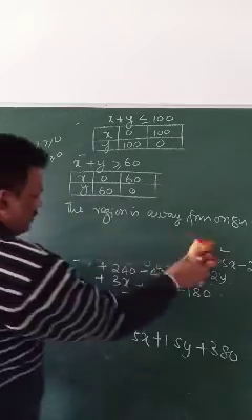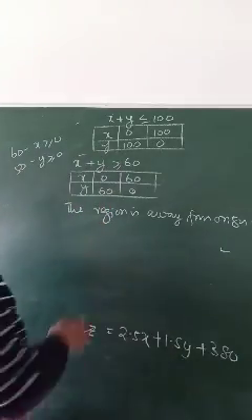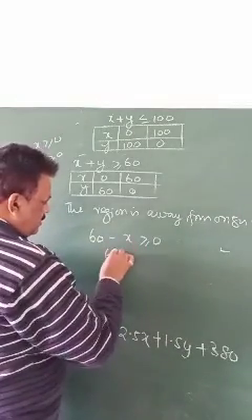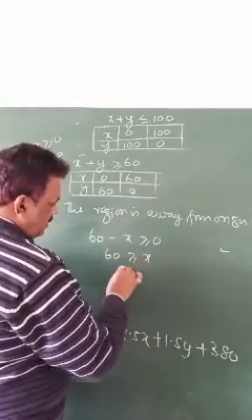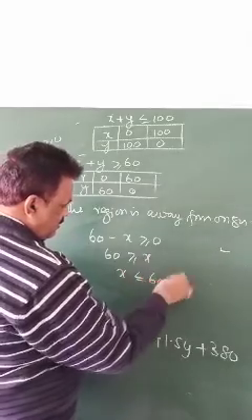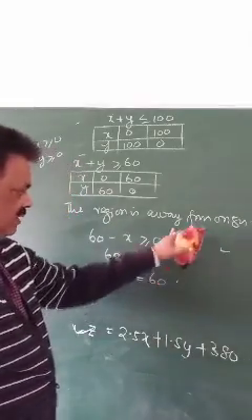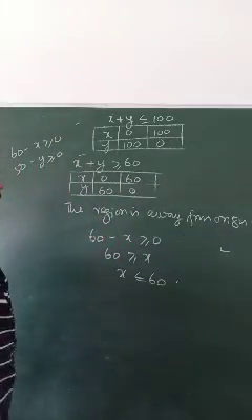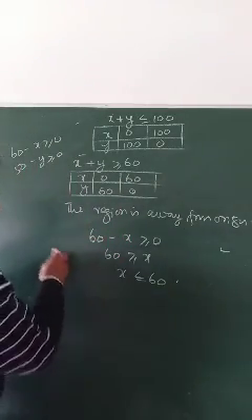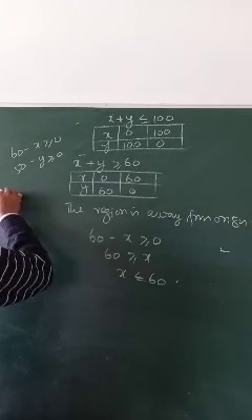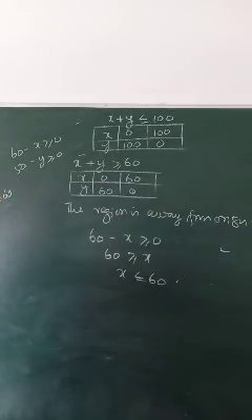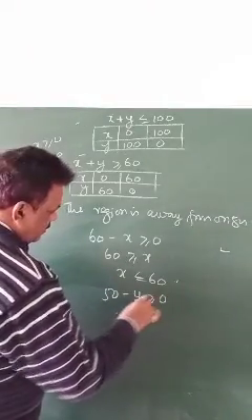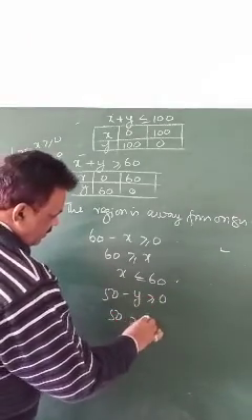Then 60 minus x greater than 0, 60 greater than x, x less than 60. So at 60 you will draw a line, and you will come this side. Then 50 minus y greater than 0, 50 greater than y.